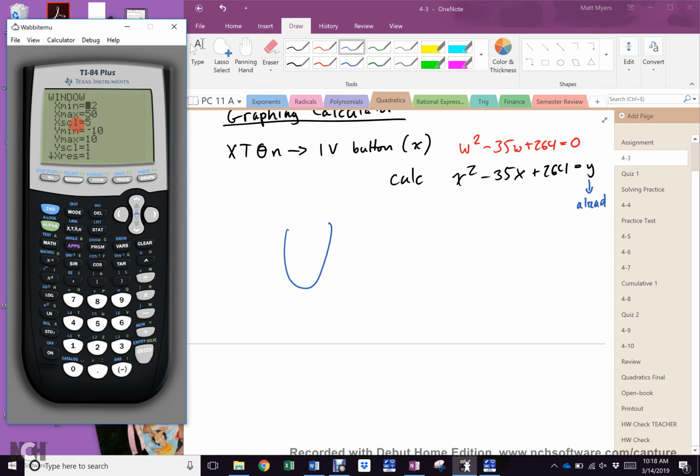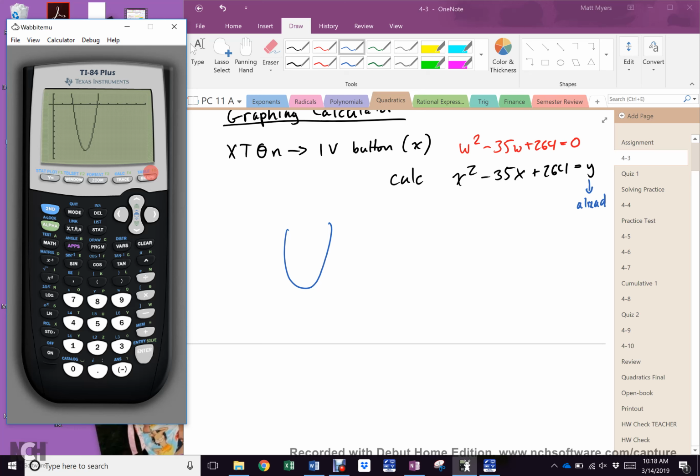On the y, would it be the y minimum or the y maximum? Minimum, because we got to go down lower, yeah? So let's make that minimum. Let's try minus 50. And let's keep the y maximum at 10. And let's change that scale to 5. So now we're going to hit graph.